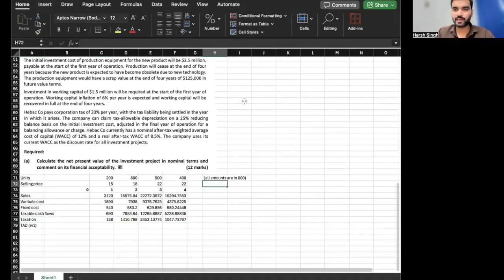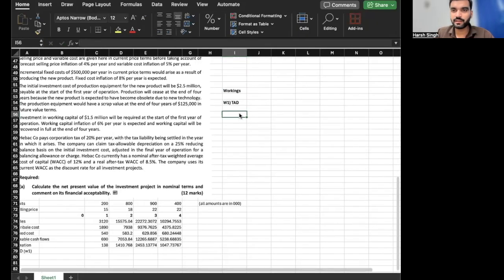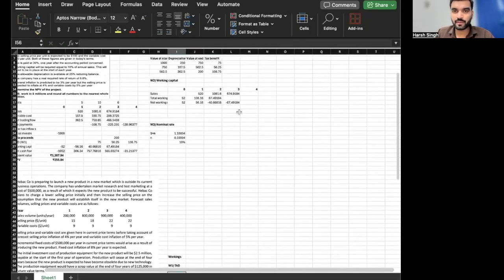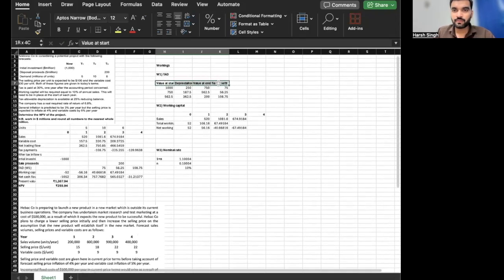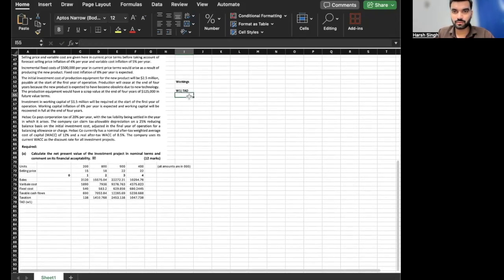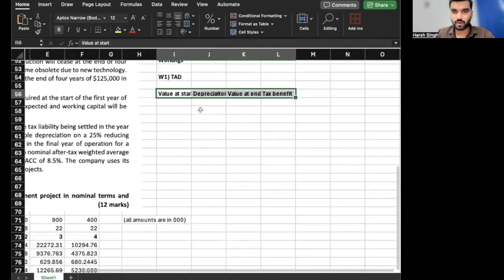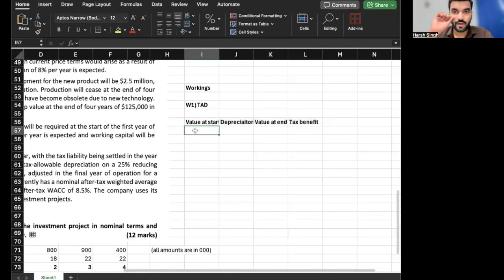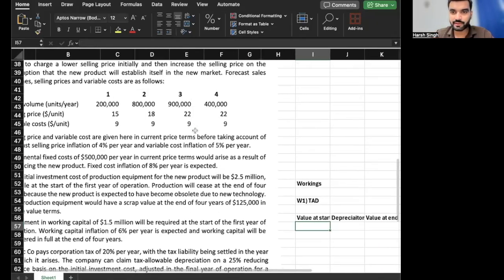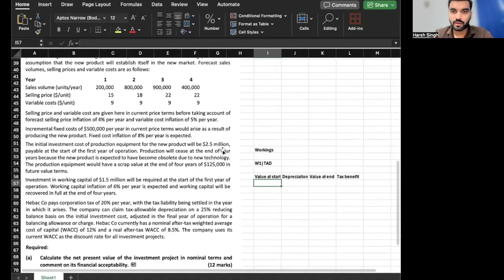So now we'll come over here and I can solve the working, right? What is the value of TAD? Can I go and copy paste from above? I'll copy it from above. What is the value at start, everyone? New production will be 2.5 million, so 2,500.